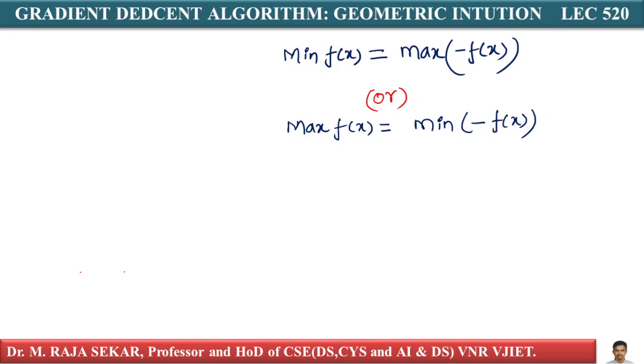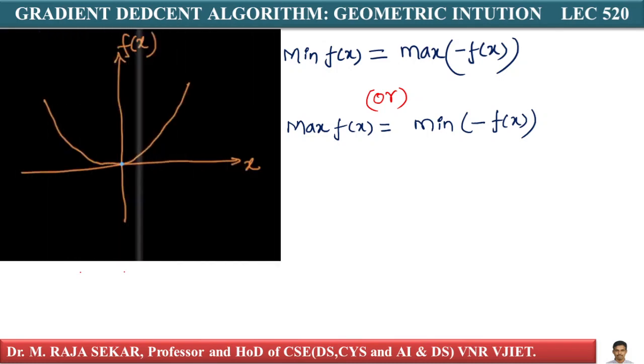So if you learn for minima, you can do the same thing for maxima by just changing the sign of the function. If you know how to find one, it is easy to find the other. Hence, let's study for minima.